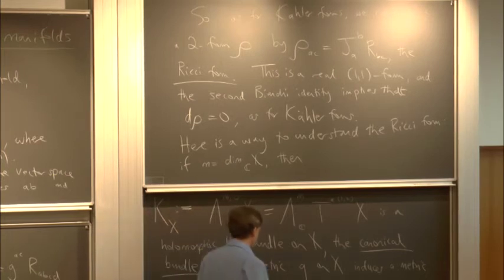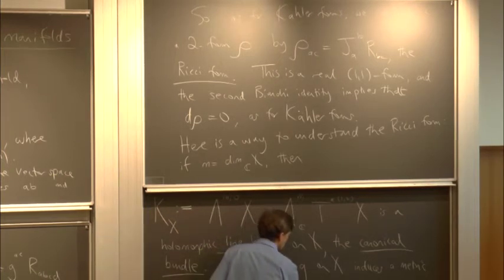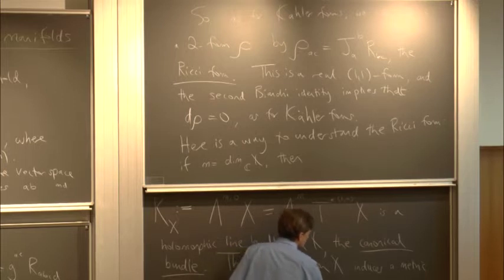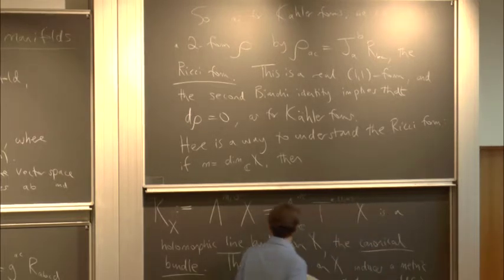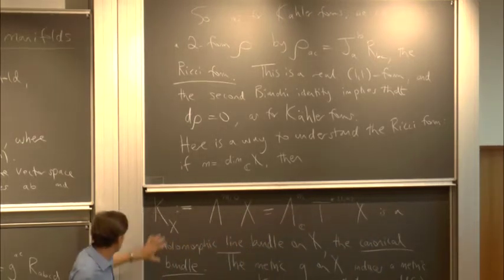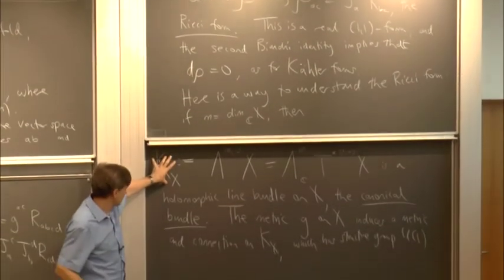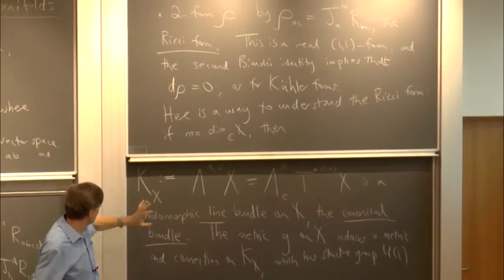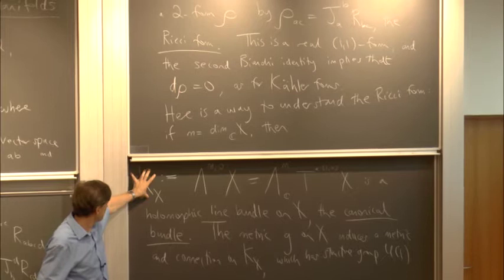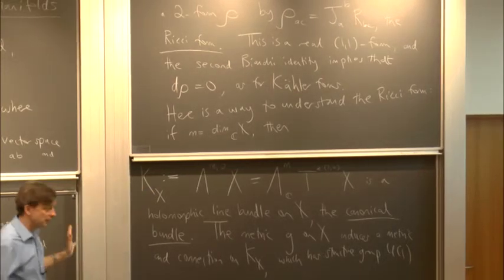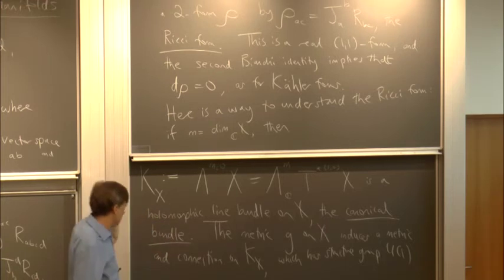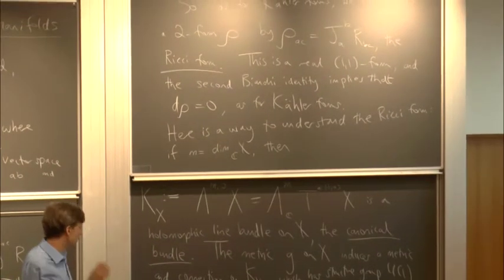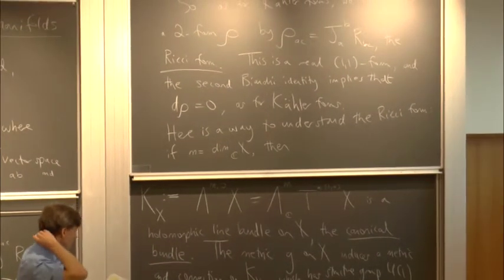And the connection has structure group U(1), because it's a complex one-dimensional vector fibre with metrics, and U(1) is what preserves that. So hopefully you have been told all about bundles and connections on bundles with structure groups.